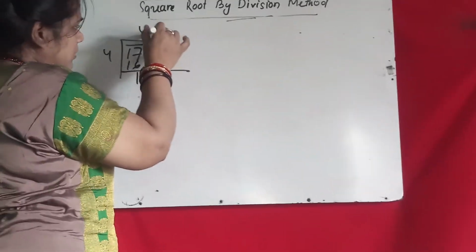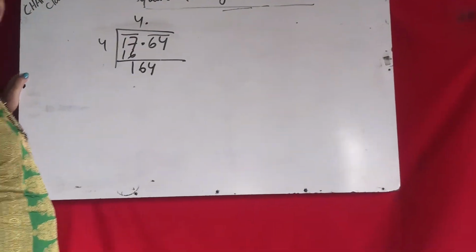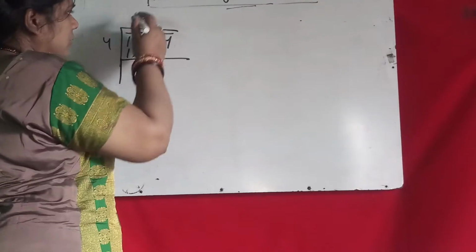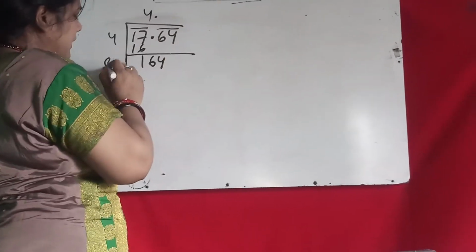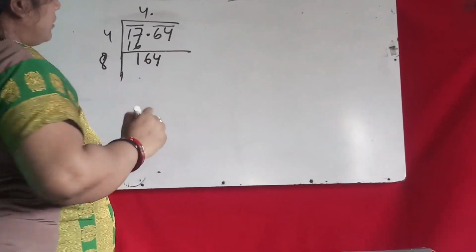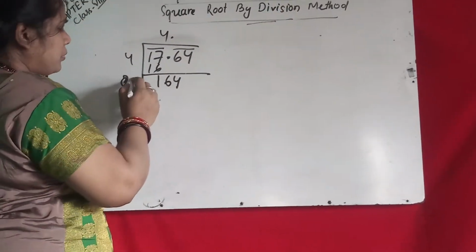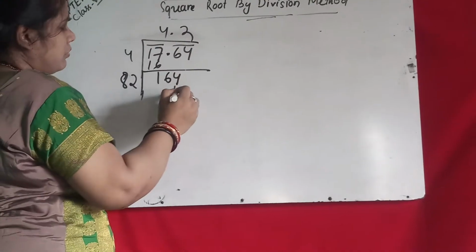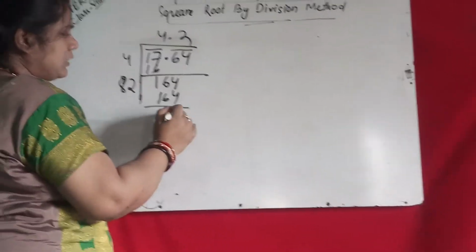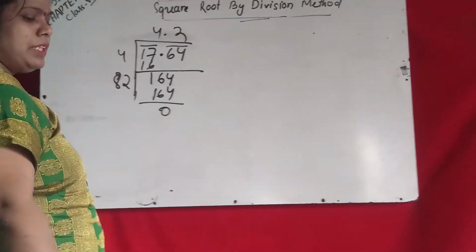Decimal means here also you put a decimal point. Same procedure. Double the quotient, 8. Then again how much? Suppose 2: 2 2 is 4, 2 8 is 16. Answer 0. Complete. Your answer is 4.2.